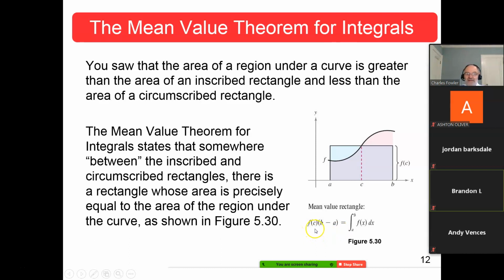But you know there's one out there somewhere. And this is what the mean value theorem for integrals is saying. There is some value in between A and B such that f of C, that same function that's in here, times B minus A is equal to the area under that integral.